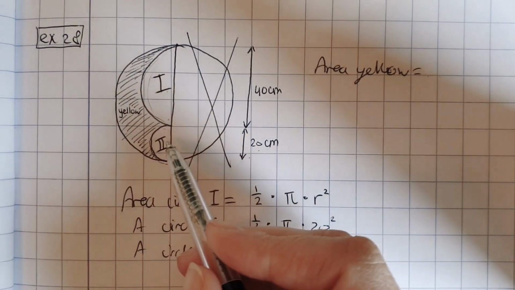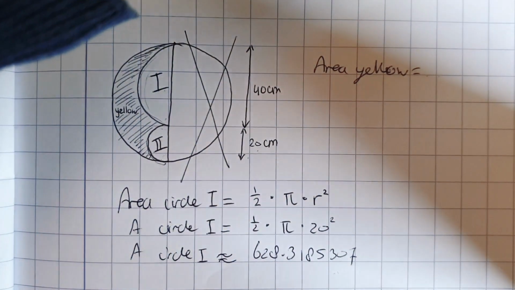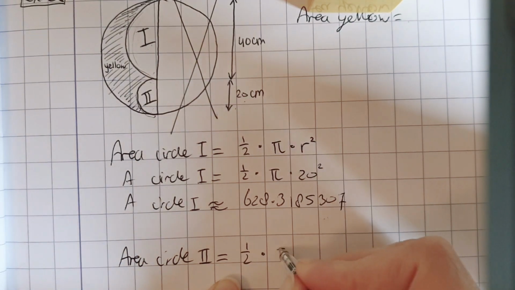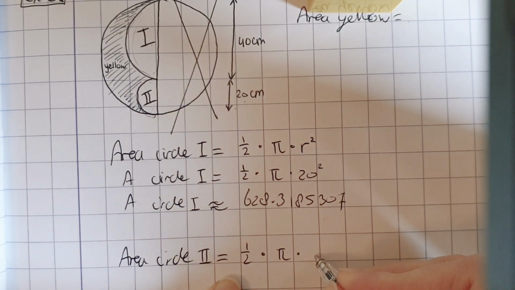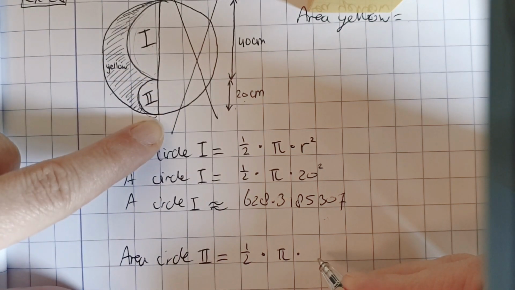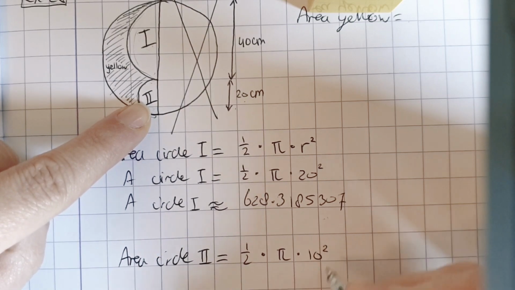Now let's calculate the area of circle 2. The area of circle 2 is again a half times pi times r squared. What is the radius here? The diameter is 20, I can see that here. So the radius is half of it, so it's 10.